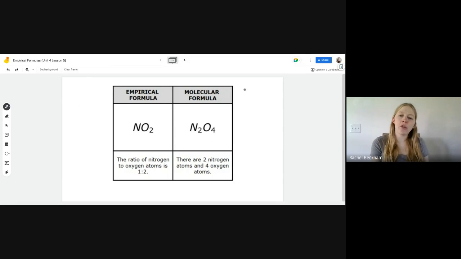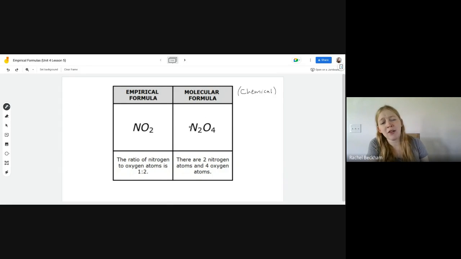The chemical or the molecular formula, it's also called chemical formula in this lesson, is the actual formula that it really is, and it will be a multiple of its empirical base formula. It might be NO2 times 1, or NO2 times 2, or NO2 times 100.